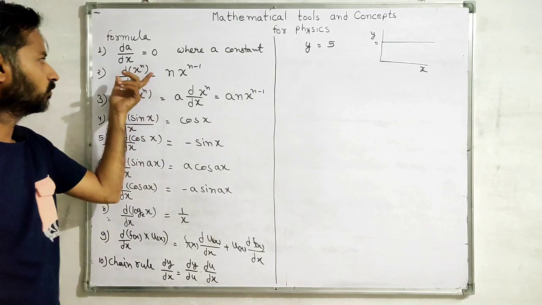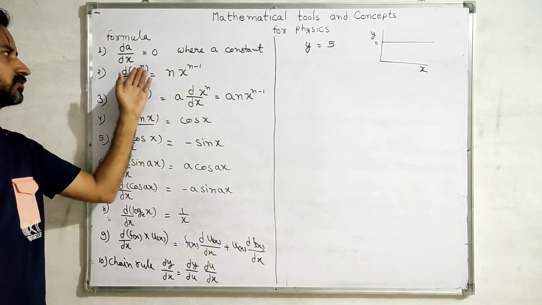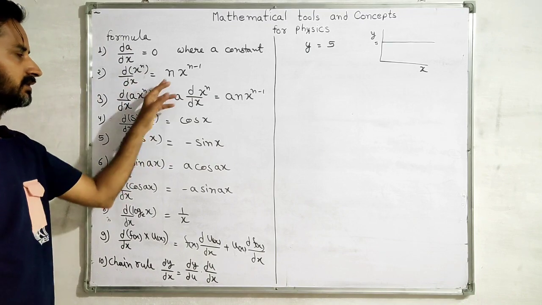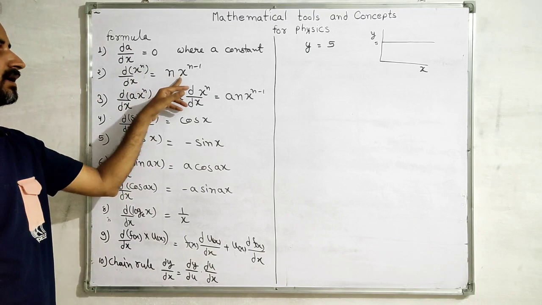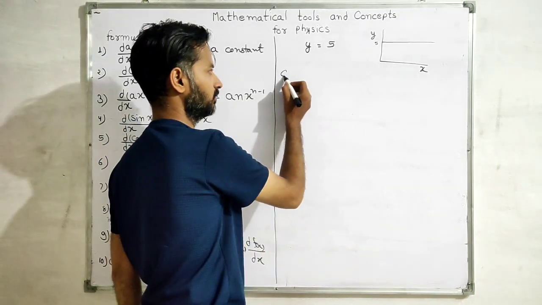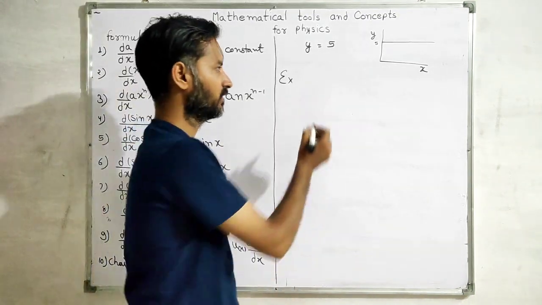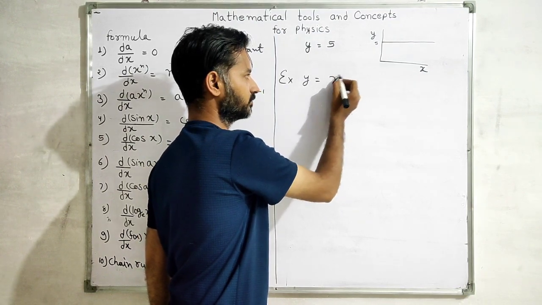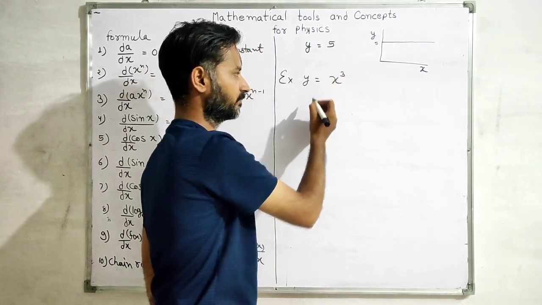The second rule is d x to power n by dx. In this case, we get n multiplied by x to power n minus 1. Let we have function y is equal to x to power 3.